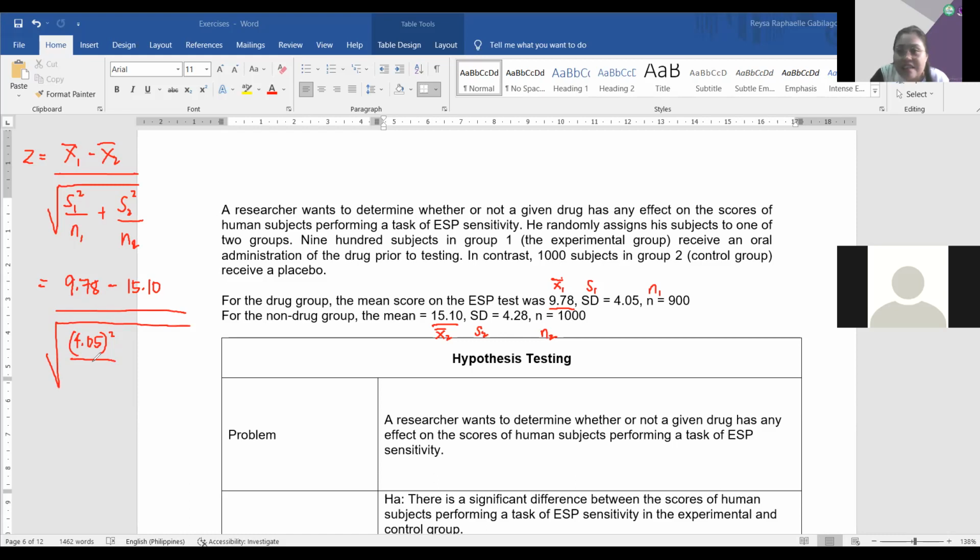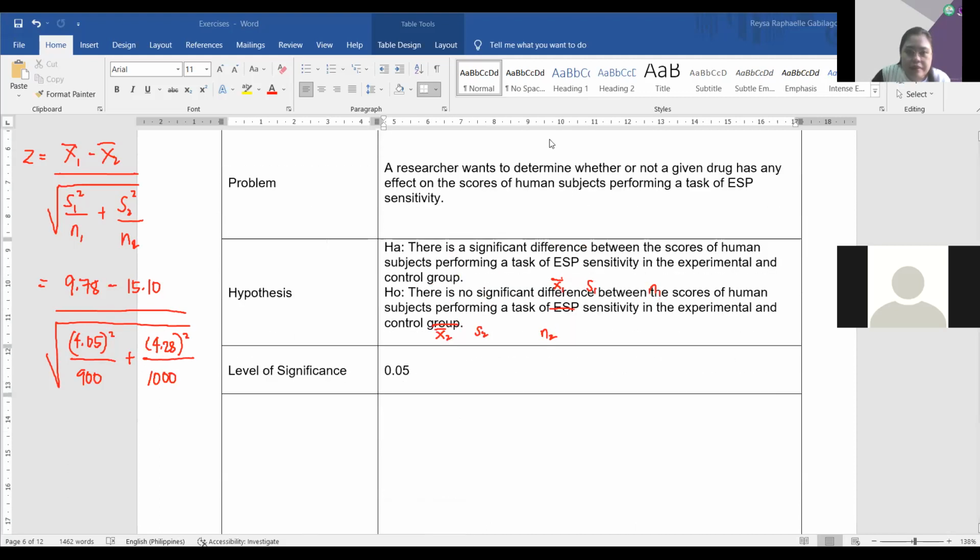Pag variance yan, class, hindi na tayo mag-square ha. Ito standard deviation, so mag-square tayo. And then the N1 is 900 plus the N2, the S2 is 4.28. This should be squared also. And the N is 1,000. Okay, I need more space. And then let's do the math.